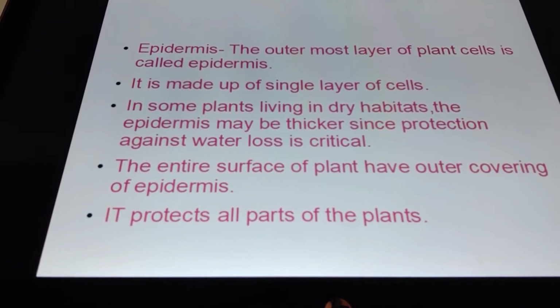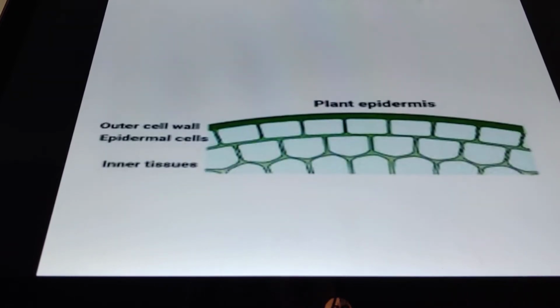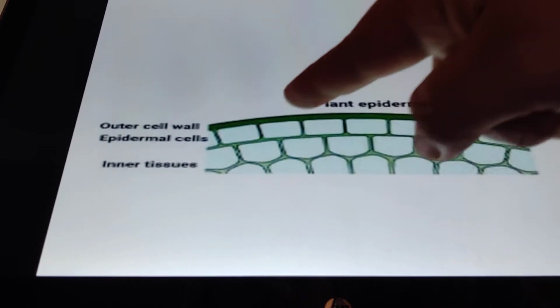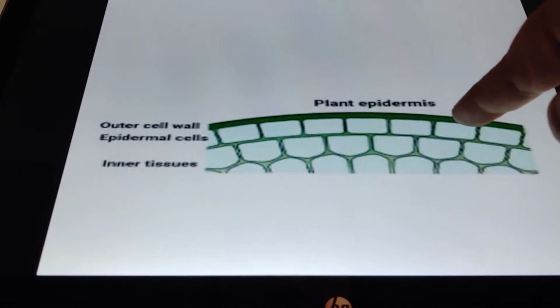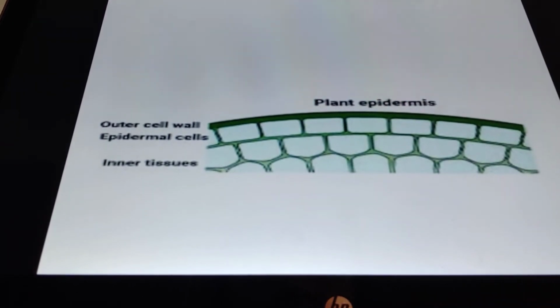So the entire surface of the plant has an outer covering, which we call epidermis. Here you can see the diagram, children. This is the outer covering of the plant. It's a continuous single layer without any intercellular space.